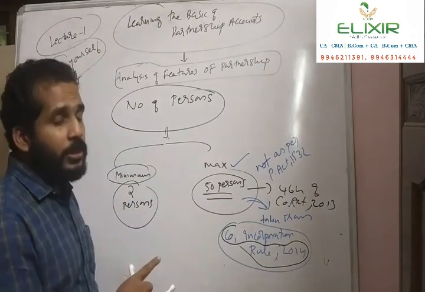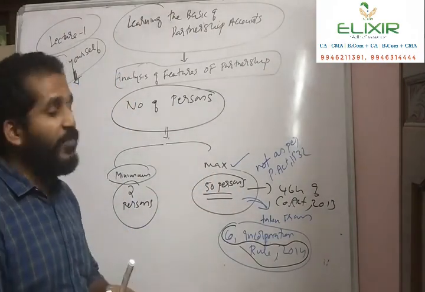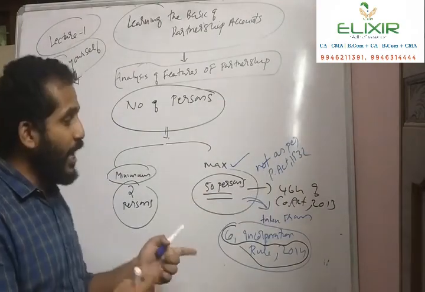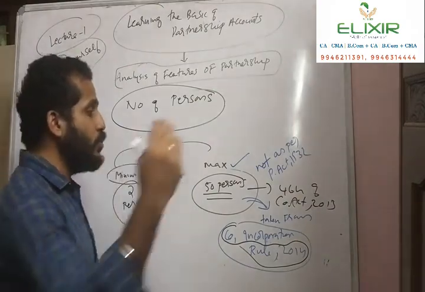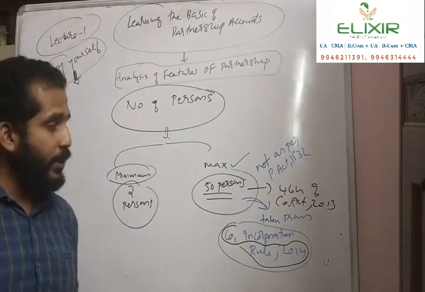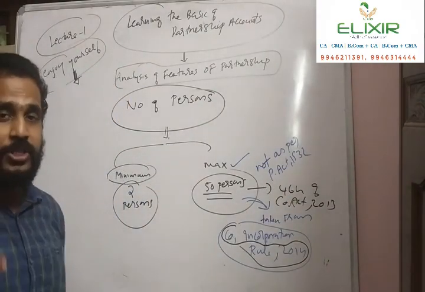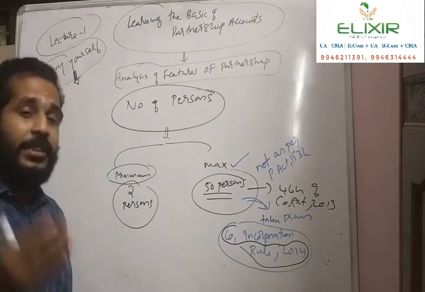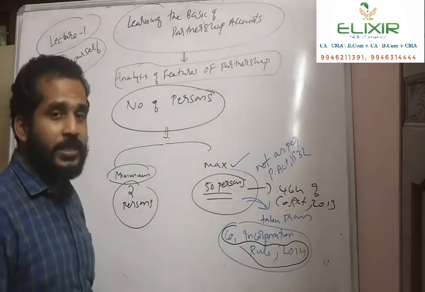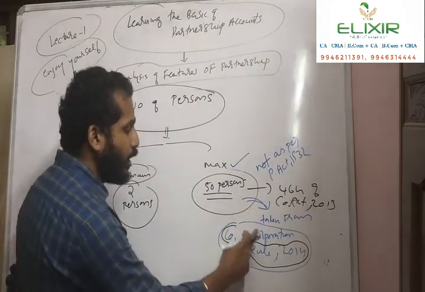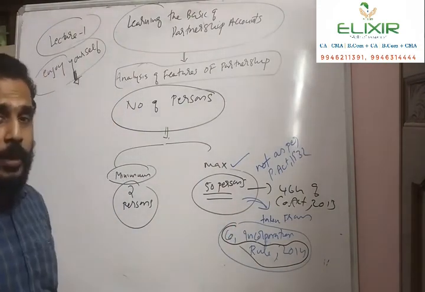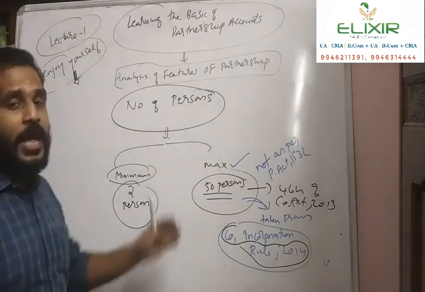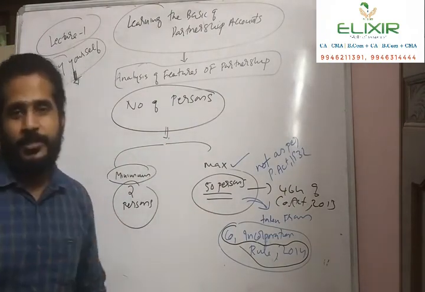It is not specified in the Partnership Act. This is adopted from another act. The reference goes to section 464 of Companies Act 2013, where the restriction is 100 persons, and again the limit is restricted to 50 persons as per Companies Incorporation Rules 2014. So this is all about the number of persons: minimum 2 persons, maximum 50 persons.